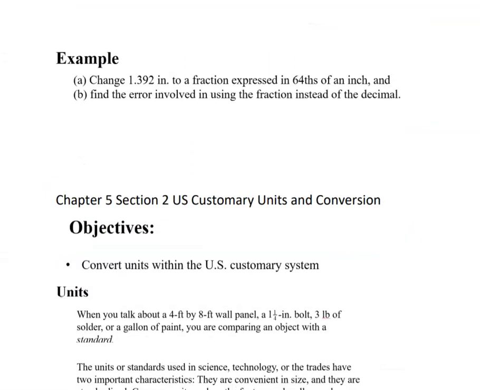So change 1.392 into a fraction expressed in 64ths of an inch. So we would do 1.392 inches times 64 over 64.